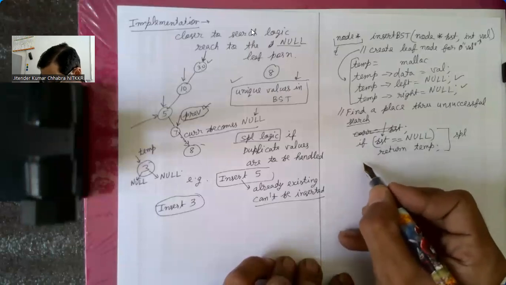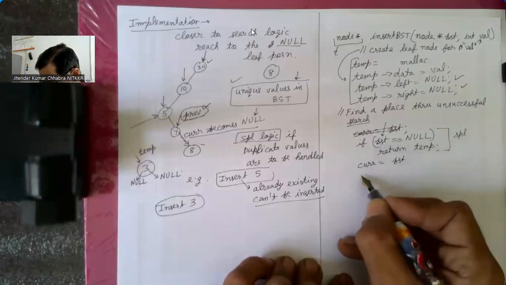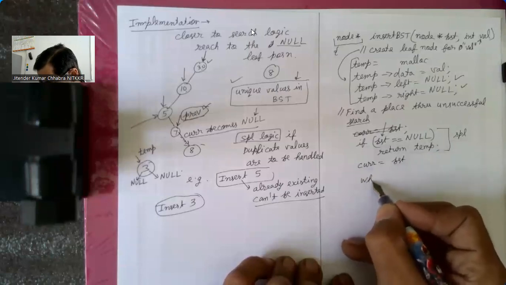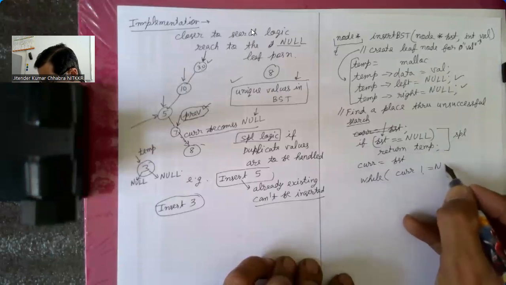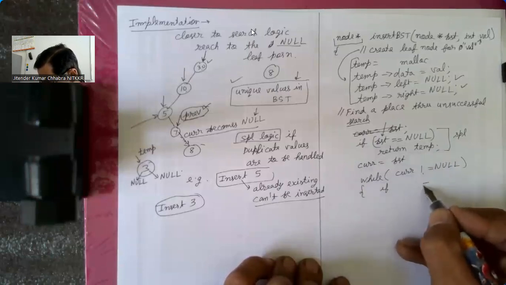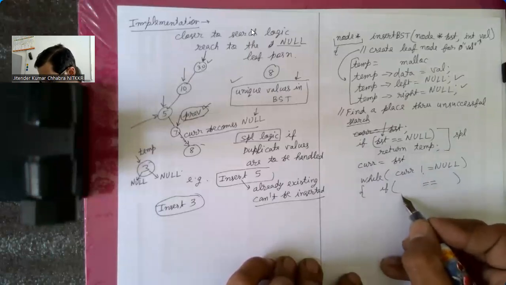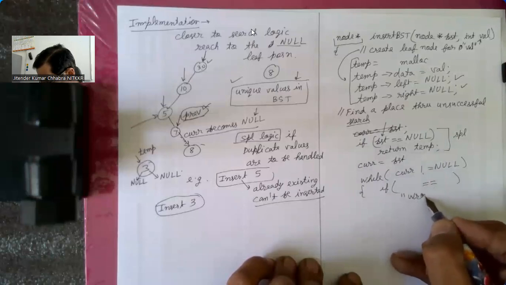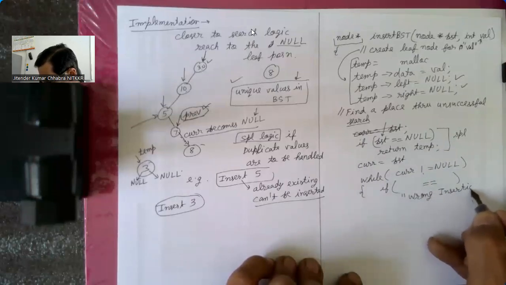Now, otherwise, let's take current equal to BST, and then I will have a while loop, while current not equal to null, with the same logic that we have already written. If data was equal, which earlier meant a successful case, now it means a wrong insertion is being attempted. This is not permitted.